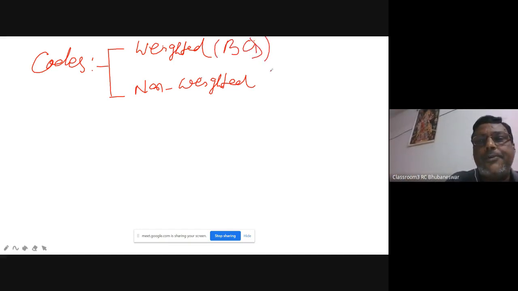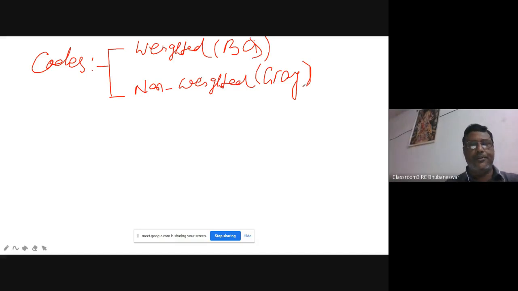Under non-vector code, we have a code called Gray. Another code under non-vector code is XS3 code. Mostly vector code is BCD, binary coded decimal, and under non-vector code, we are using a code called Gray code.